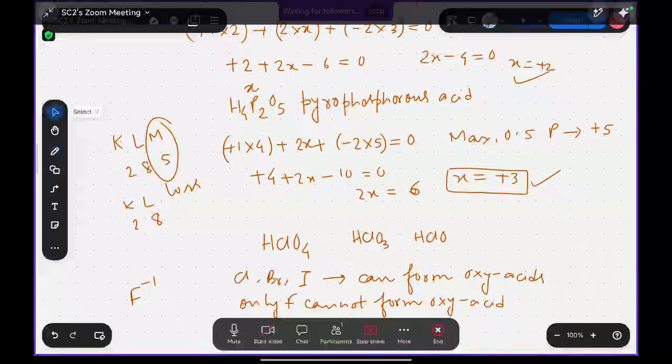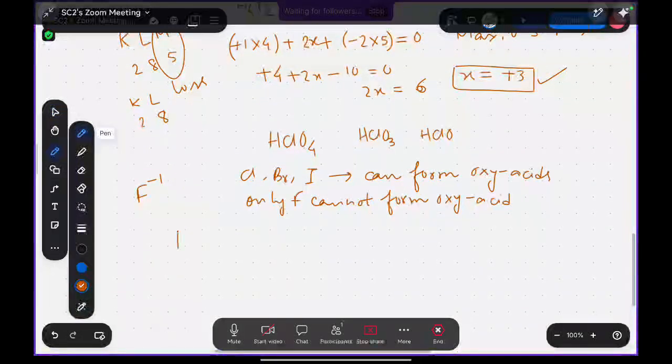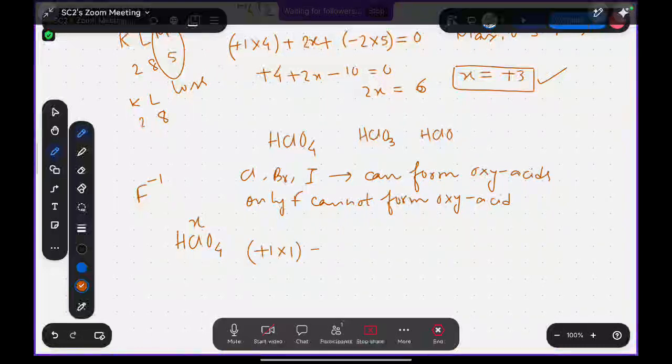Let's see, for example, the oxidation state of chlorine in HClO4. So it is +1 into 1 plus chlorine, x into 1. Why did I take hydrogen to be +1?